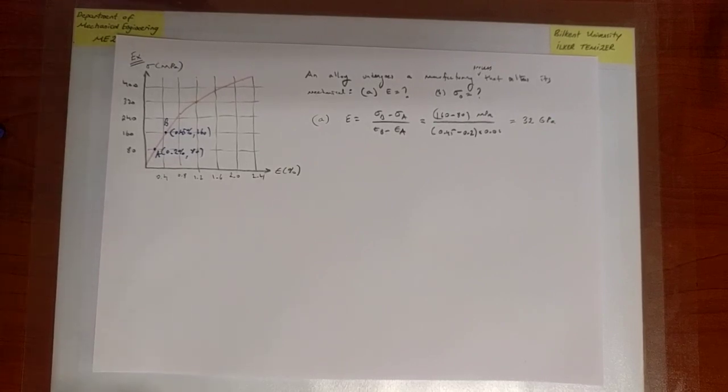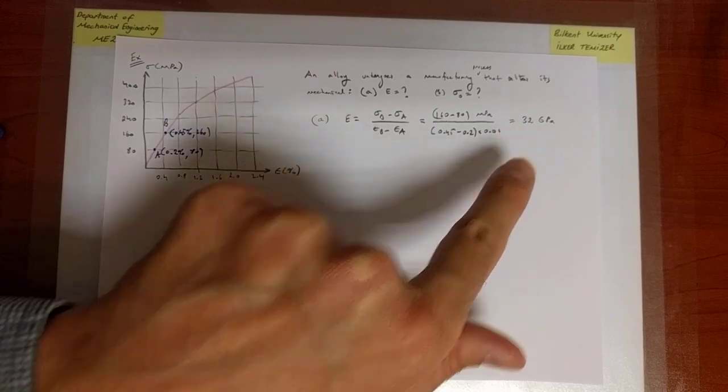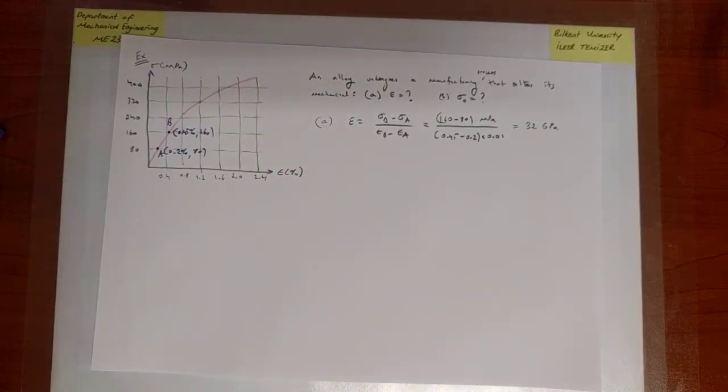That's good. That's something I have to know whether or not I'm going to use the elastic power hardening model. I also need it for the Ramberg-Osgood relation, and I also need it for a visual determination of the yielding, because eventually if I want to, let's say, use the 0.2% offset method, I need to draw a line that is offset by 0.2% strain and with a slope of 32 GPa, right?